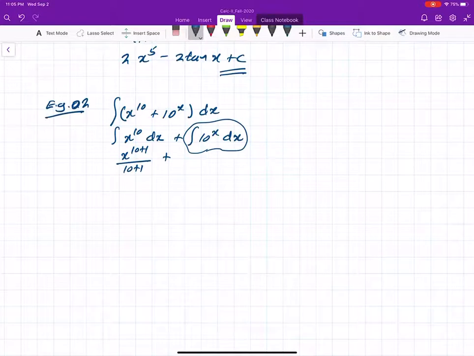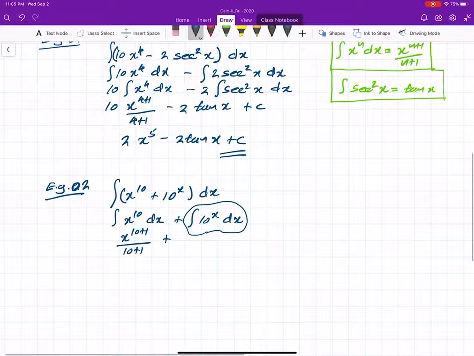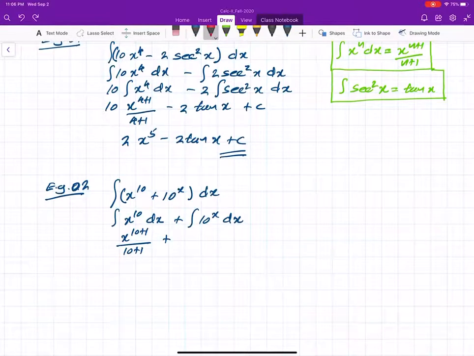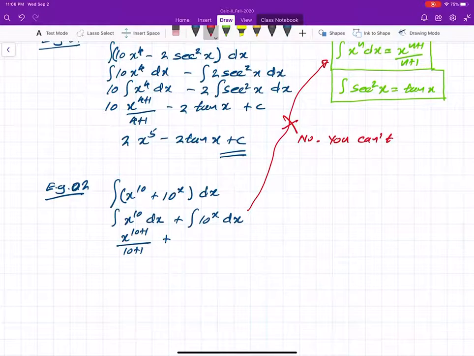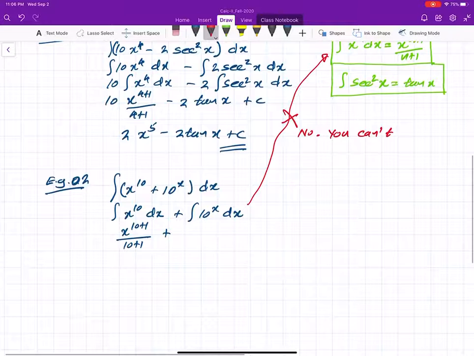This is not the power law, so you can't use that formula. There's a different formula for this case.